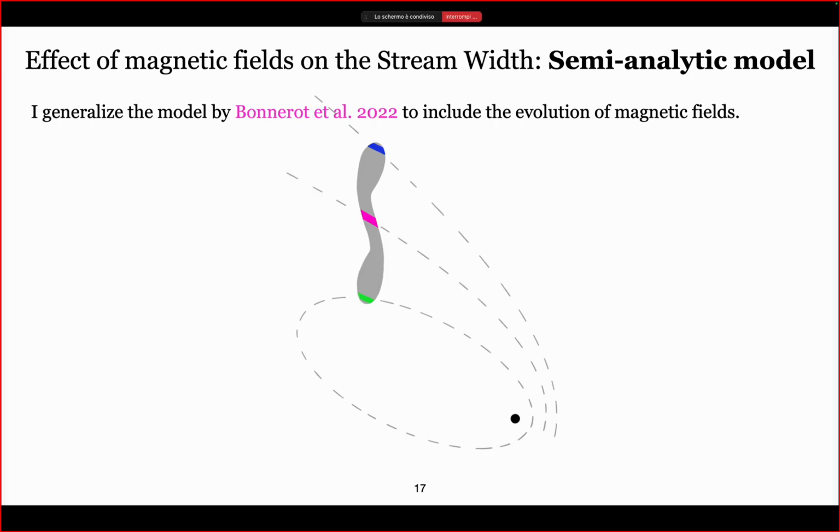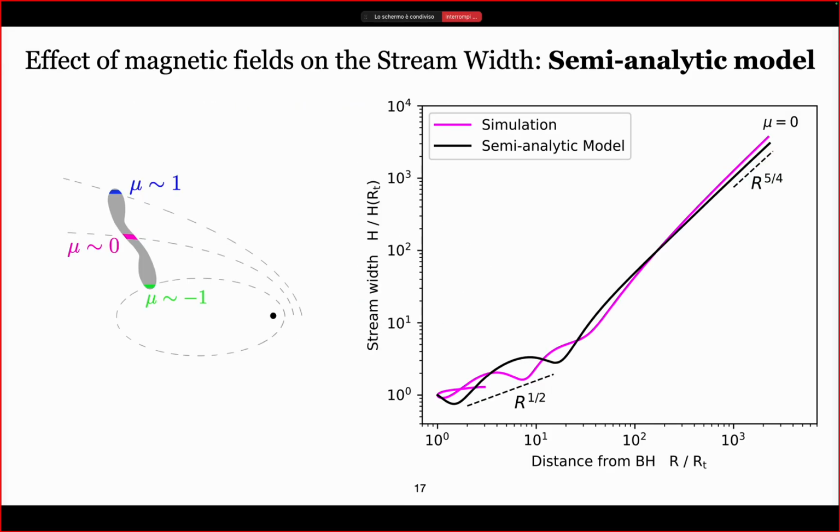Basically in the model, the star is sliced into different sections, again, based on the orbital energy. Then for each section, which is a two-dimensional section, we solve a system of differential equations that approximate the dynamics. One of the things that we solve for is the width, so we can look again at how the width evolves with the distance from the black hole. And here I show a comparison with the simulation.